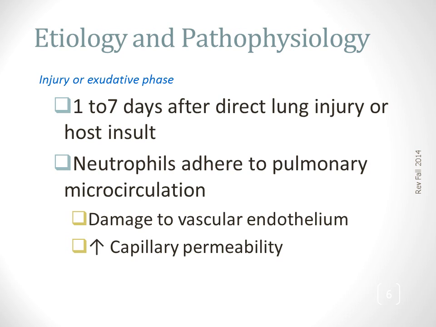So we have the initial inflammatory response, and we have histamine being produced. Histamine is dilating the vessel. Histamine is causing gaps in the vascular wall, which is allowing fluid to leak out of the vascular wall and is filling the alveoli. At the same time, we have the neutrophils, which are trying to adhere to those gaps in the vascular wall.